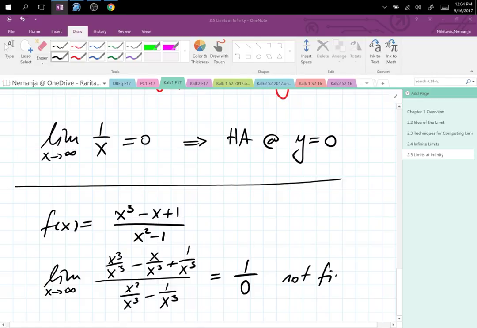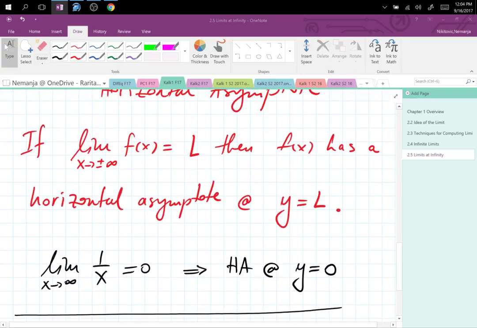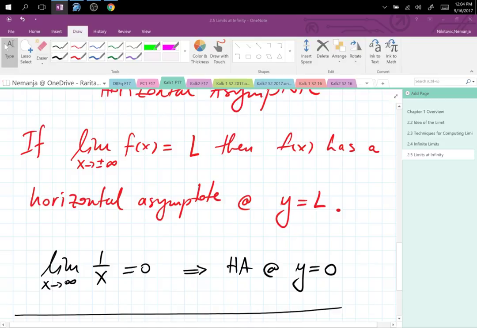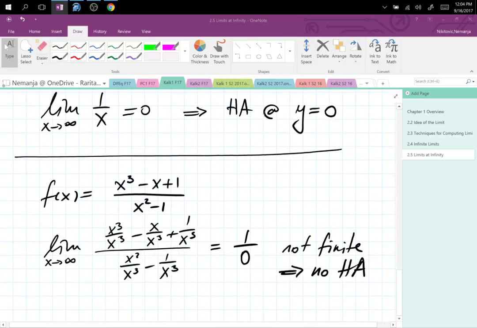Not finite, therefore no horizontal asymptote. The definition clearly states if the limit is finite, that limit is the asymptote. Well, in our case, the limit was infinity, not a finite value, therefore no horizontal asymptote.